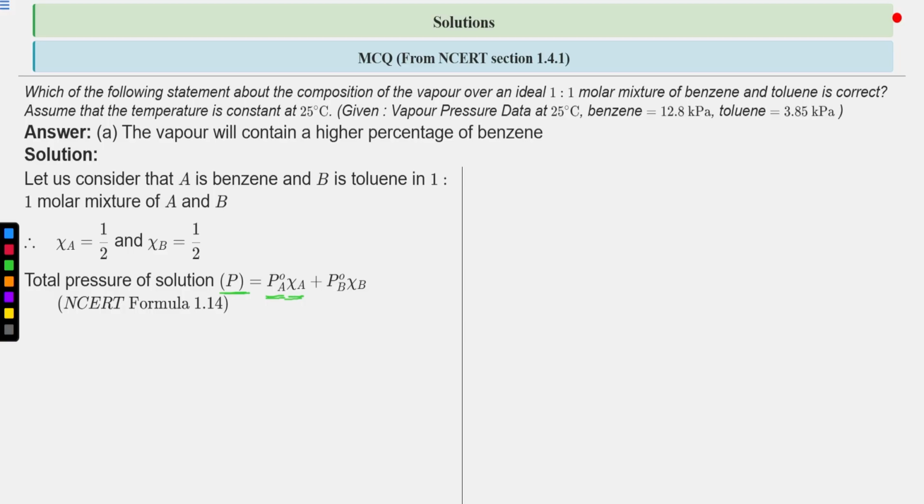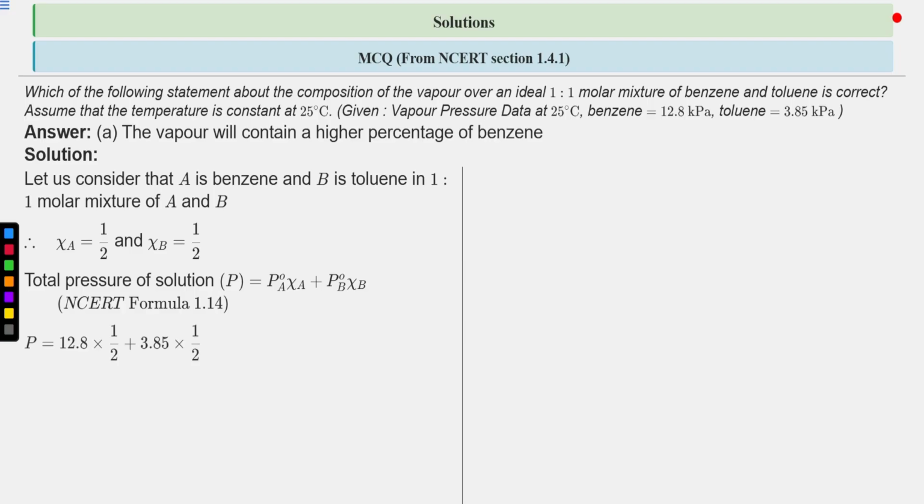Basically, the total pressure of the solution is the sum of the vapor pressures of its components, right? And the vapor pressure of a component is equal to the product of the vapor pressure of the pure component and the mole fraction of the component. So P is P naught A chi A plus P naught B chi B.